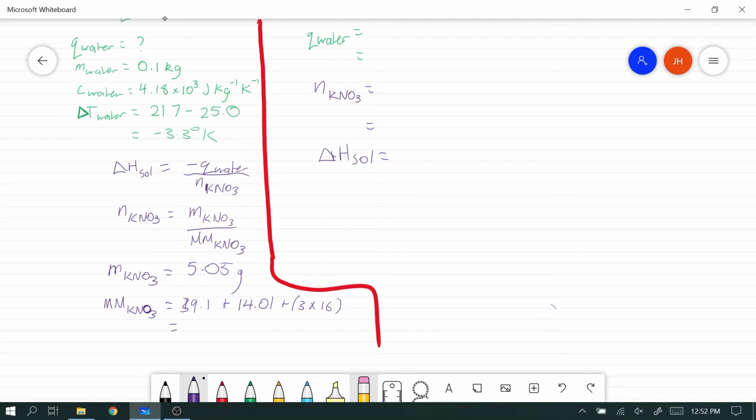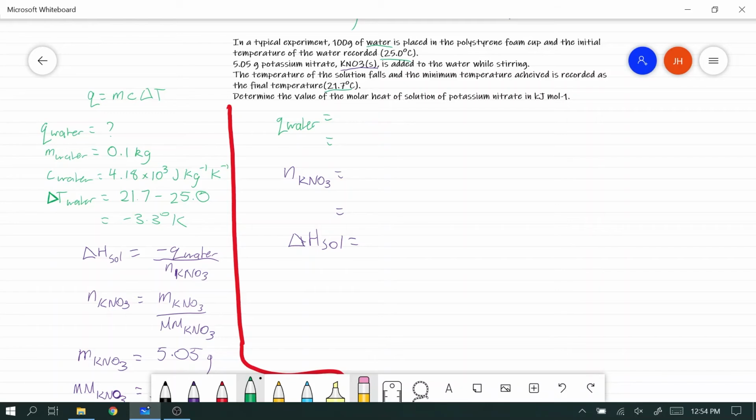When you put all of that together, you end up with 101.11 grams per mole. And in a moment, we're going to be able to use that to calculate N for the molar heat of solution.